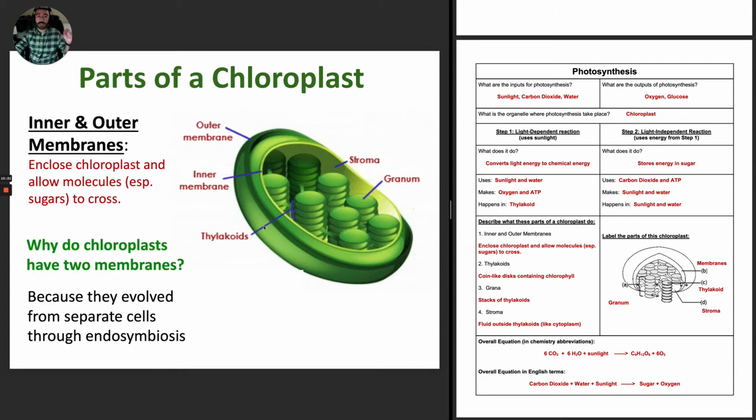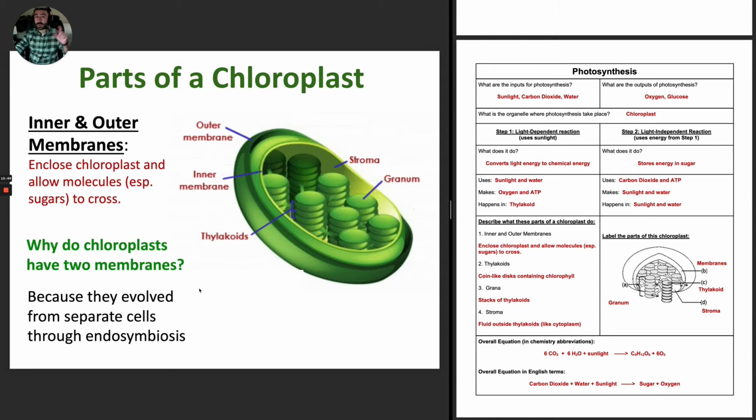The first are the inner and outer membranes. So you'll notice here there are two membranes, and what they do is they enclose the chloroplast just like a cell membrane, and they allow molecules, especially sugars, to cross, just like a cell membrane, right? So an organelle membrane functions very similarly. It's a phospholipid bilayer. But why does it have two membranes?